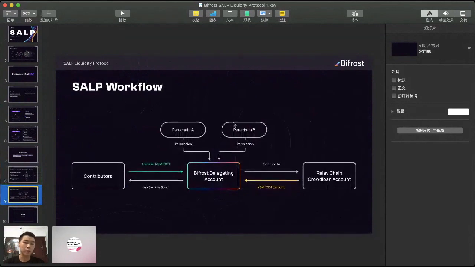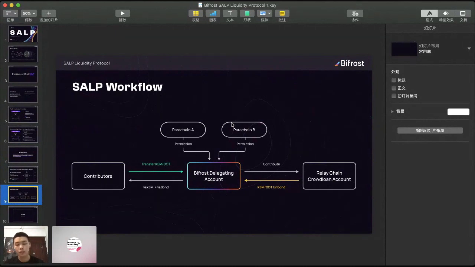From the technical architecture, Bifrost established the delegating account on the Bifrost side and the relay chain side, and we use the XCM UMP transact for contributions by users. If anyone contributes from the Bifrost side, you are calling the Bifrost SLP and transacting to the relay chain crowdloan account by using the XCM UMP transact.